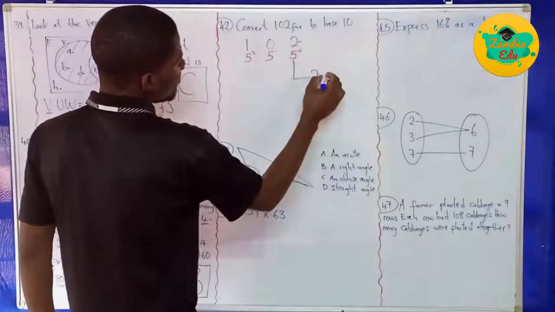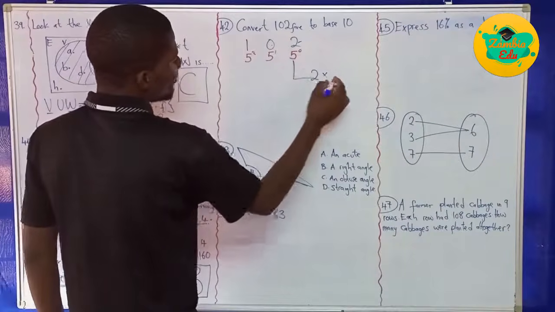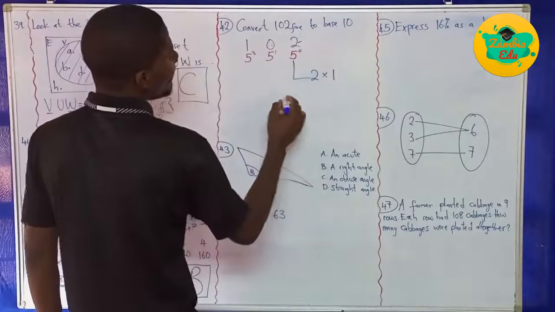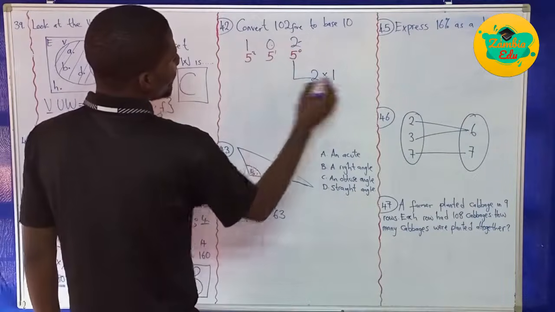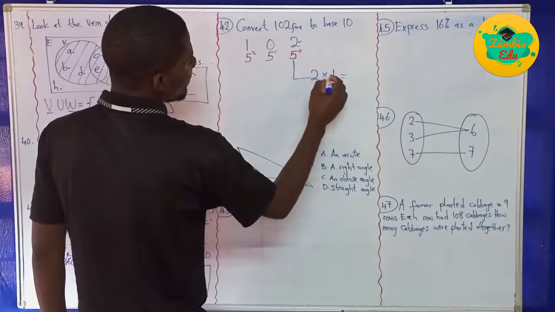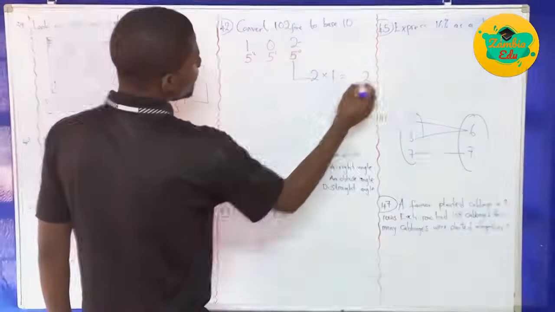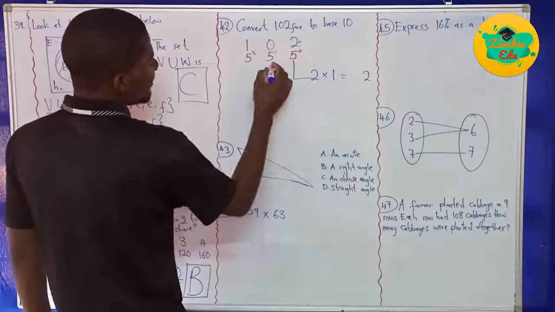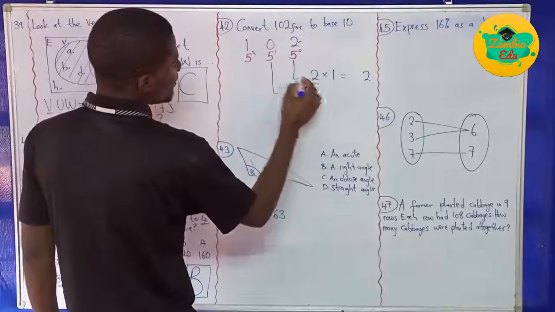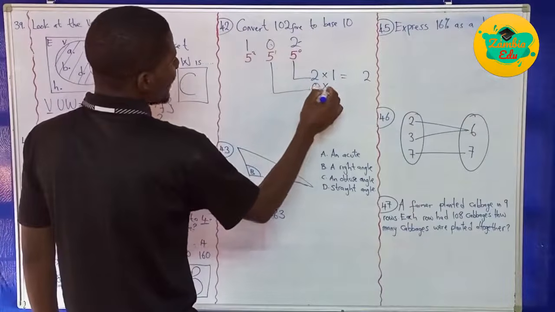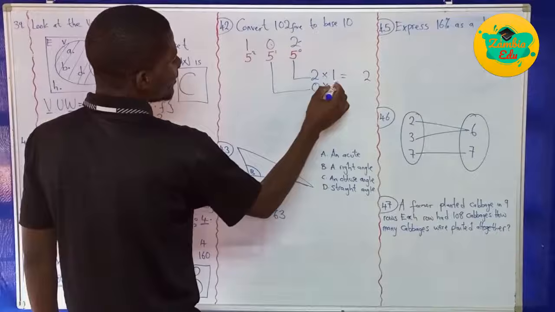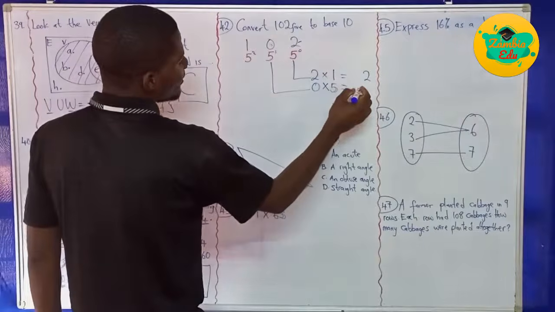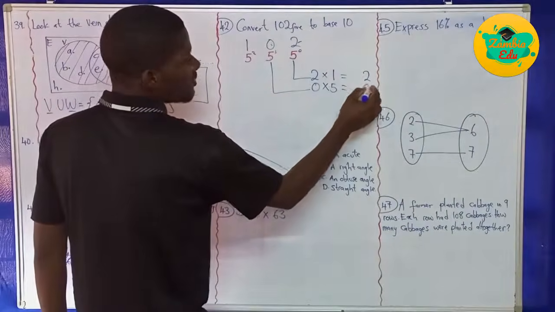2 times 5 to the power 0, which is 1, is equal to 2 times 1, which is 2. Then secondly, we have our 0 there, times 5 to the power 1, which is 5, which is equal to 0.